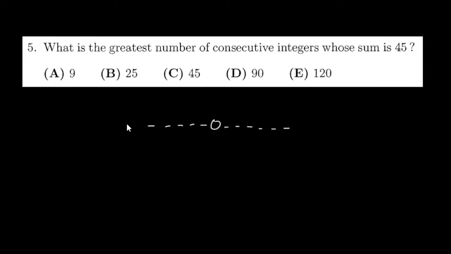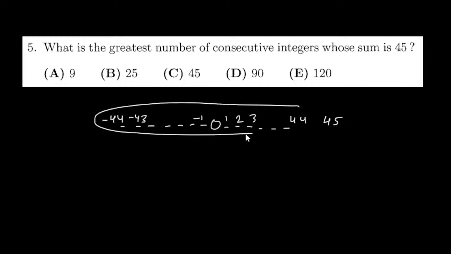Suppose I take minus 44 here, then minus 43, and so on, until minus 1. Similarly, I will have 1, 2, 3 and so on till 44. All these numbers will cancel and I will get 0. Then the next number is 45. So if I start with minus 44 and end with 45, this much portion cancels out and 45 remains. So my addition becomes 45.